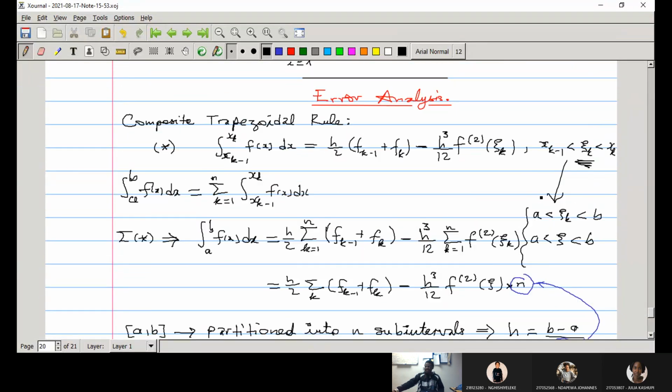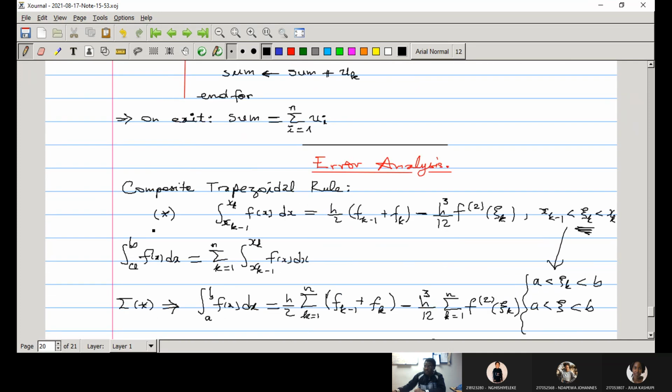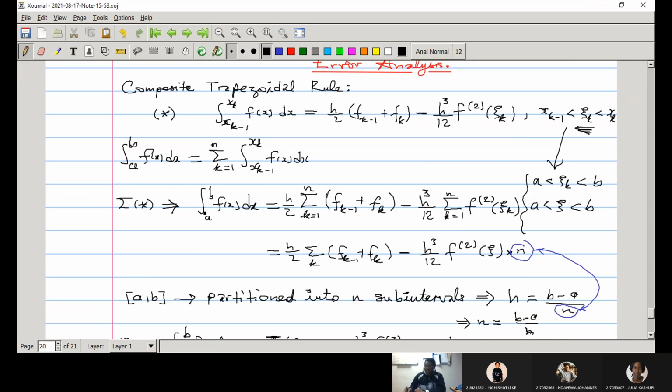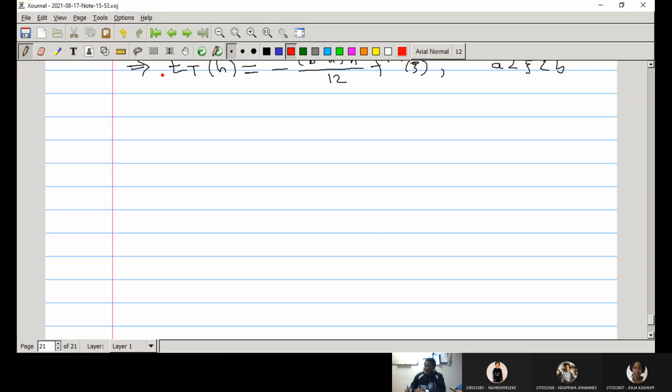Okay, so similarly, I can write here for the Simpson rule. Composite trapezoidal. Okay, trapezoidal. So I can write here that composite Simpson.